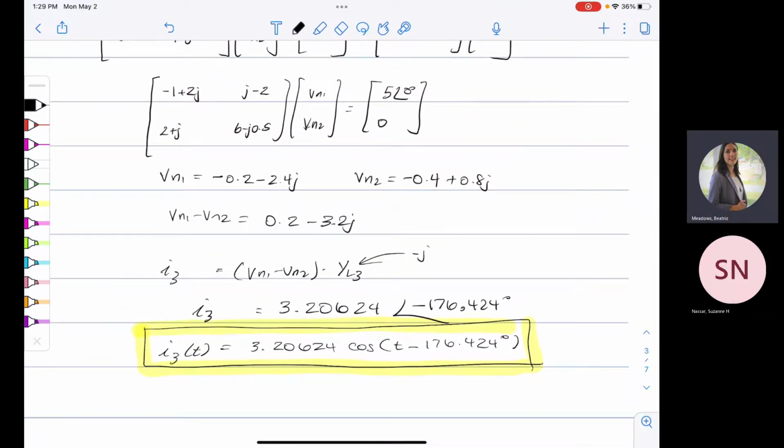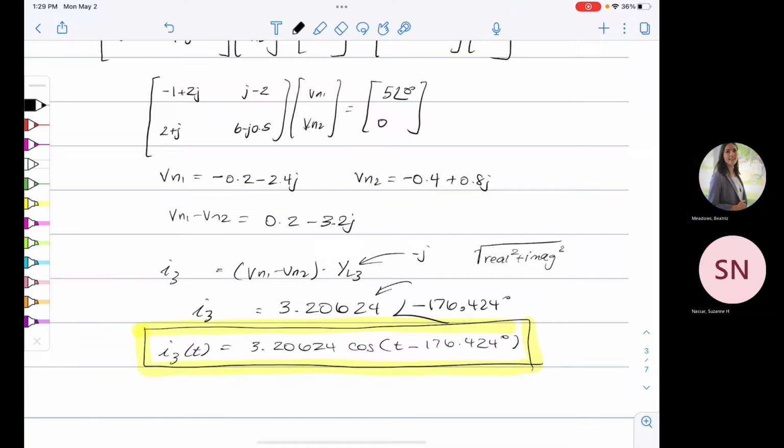You should be able to do that on an 89. You can always do it by hand. You can always find this magnitude, 3.26, by taking the square root of the real part squared plus the imaginary part squared. And that'll give you your magnitude.